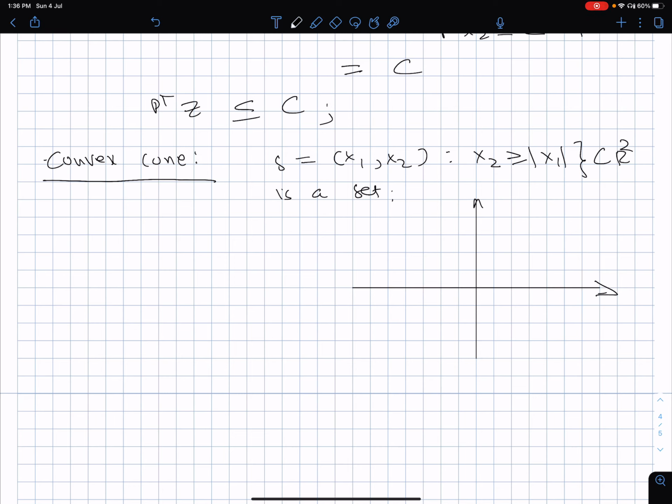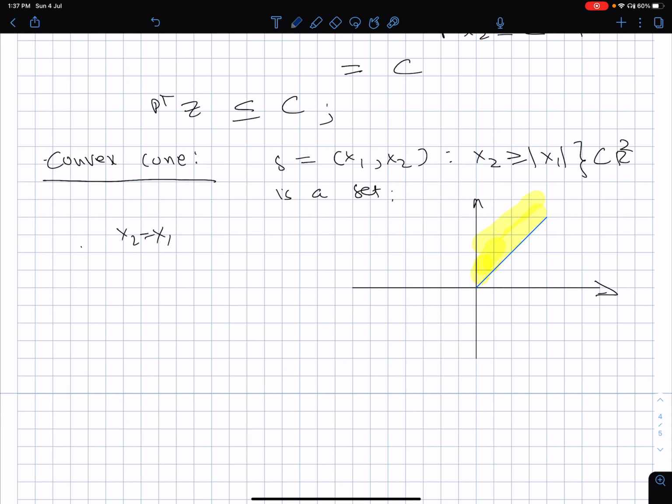So let's say x1 is positive, then you draw the x2 equal to x1 line. So that is the 45-degree line. And then x2 is greater than or equal to this. So that means I can look at all the shaded region above. Now let's look at x1 being negative.